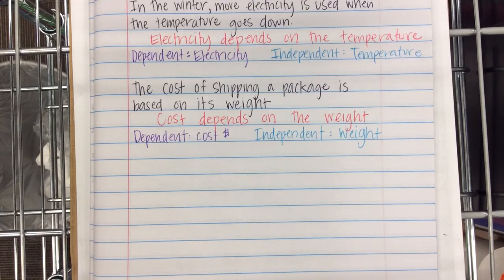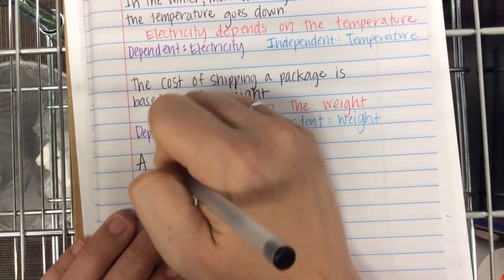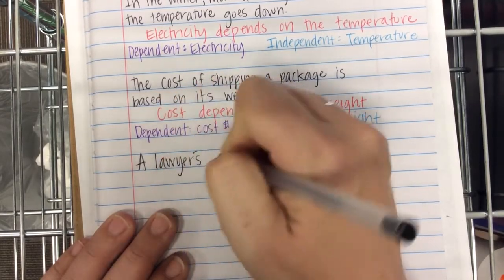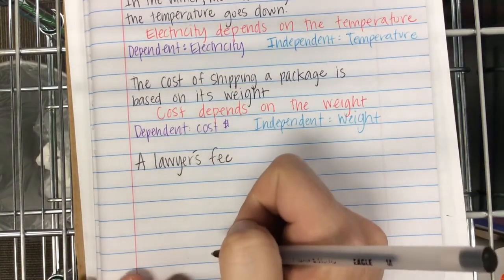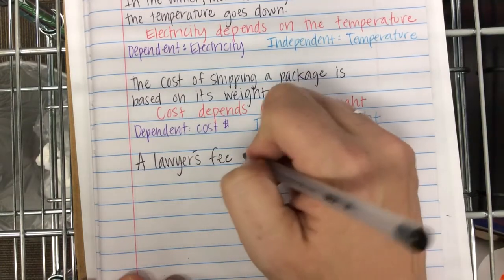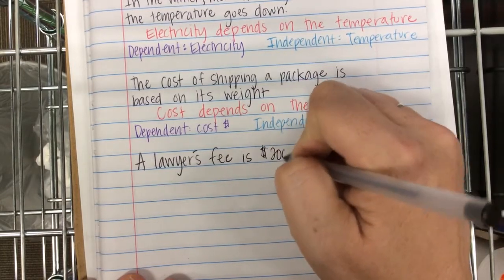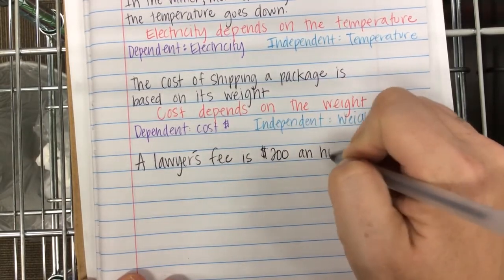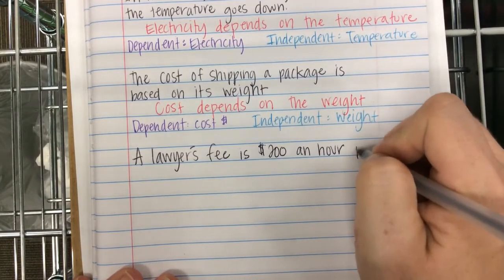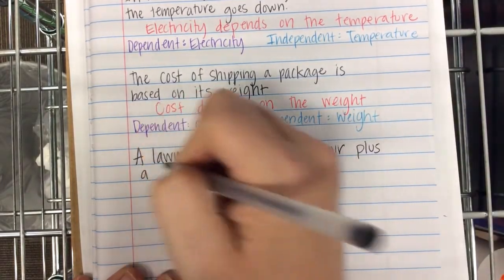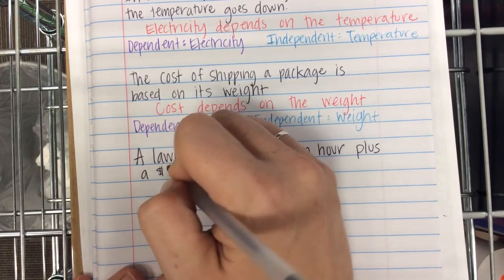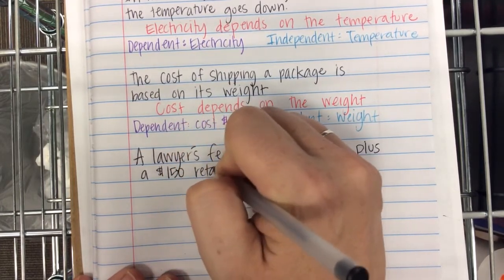Okay, let's try a little bit less straightforward. A lawyer's fee is $200 an hour plus a $150 retainer fee.